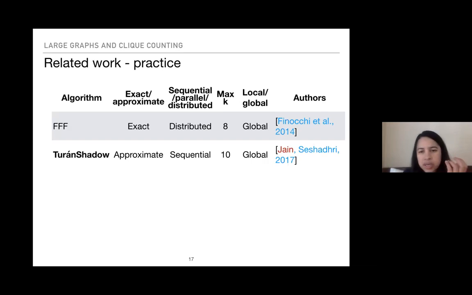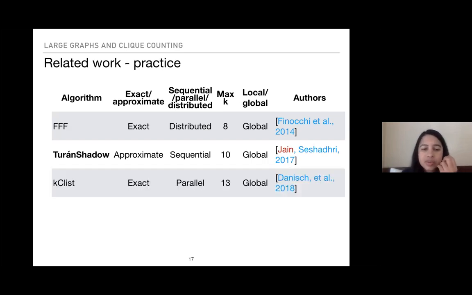And it was a sequential algorithm, and it gave up to k equals 10. Then there was KCList, which is a parallel algorithm. So essentially, it's a parallel version of the Chiba-Nishizeki algorithm. It gave exact counts, and it worked well for up to k equals 13. And again, it gave global counts.